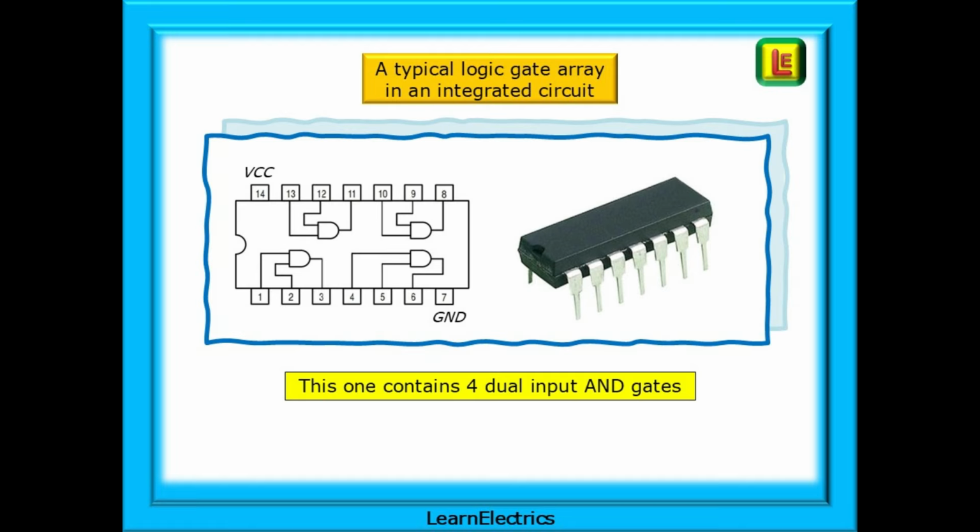VCC is the positive voltage, usually between 5 and 15 volts, whatever is shown on the circuit diagram, and GND is 0 volts or the ground point. This device contains 4 dual input AND gates that can all work independently of each other.